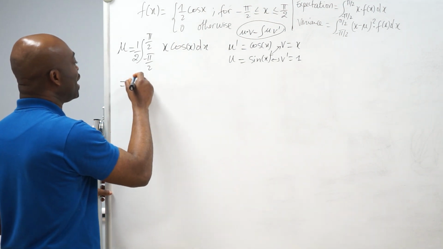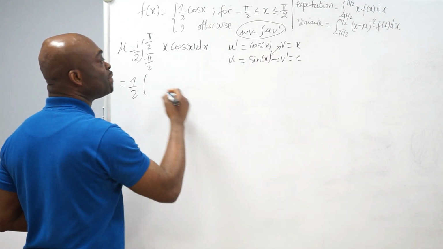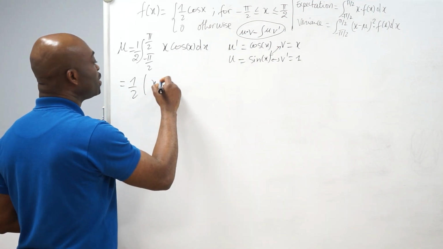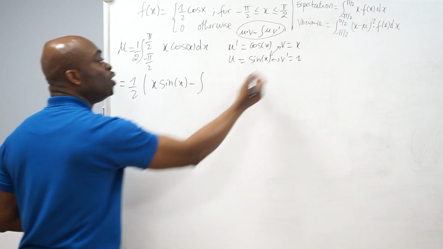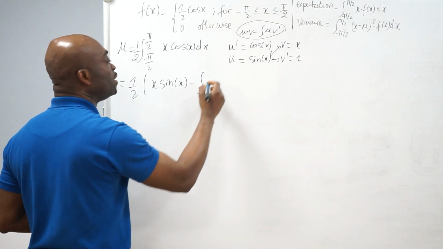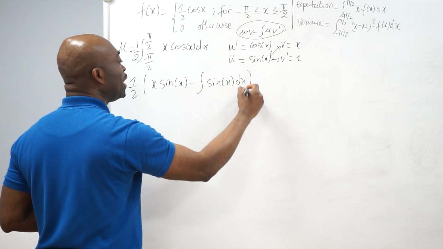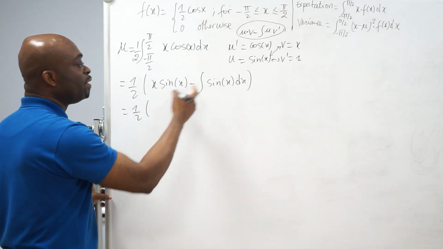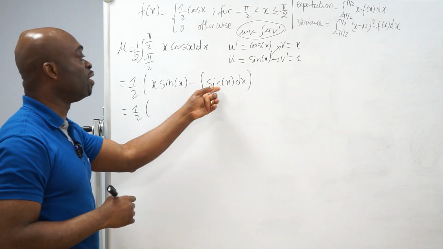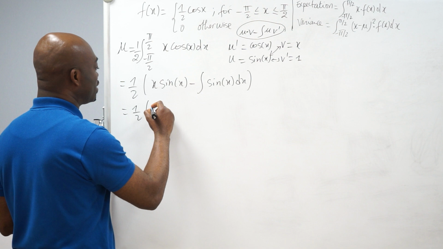So we get a half times, now what's going to happen? u times v, which is x times sine of x, minus the integral of 1 times sine of x, so that would be sine of x dx. Okay, so that's what we have. Now we have to find the integral of sine of x, which is negative cosine of x.